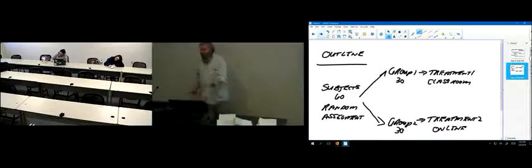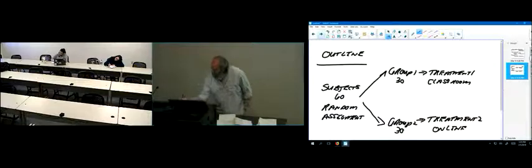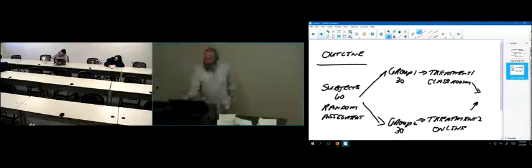So we've randomly assigned the subjects to the treatments here, right, in my outline. Well, where does the comparative part come in? After you have imposed a treatment, after the students have taken the appropriate version of the course, at the end here, you're going to compare.